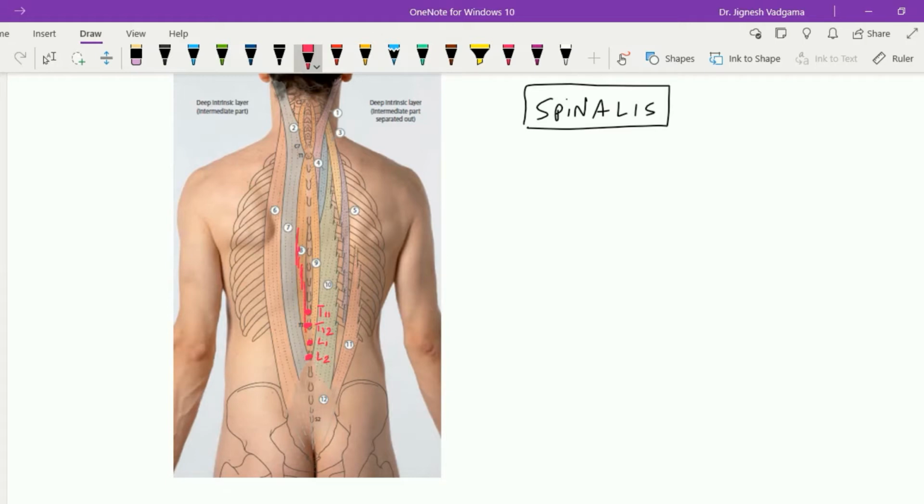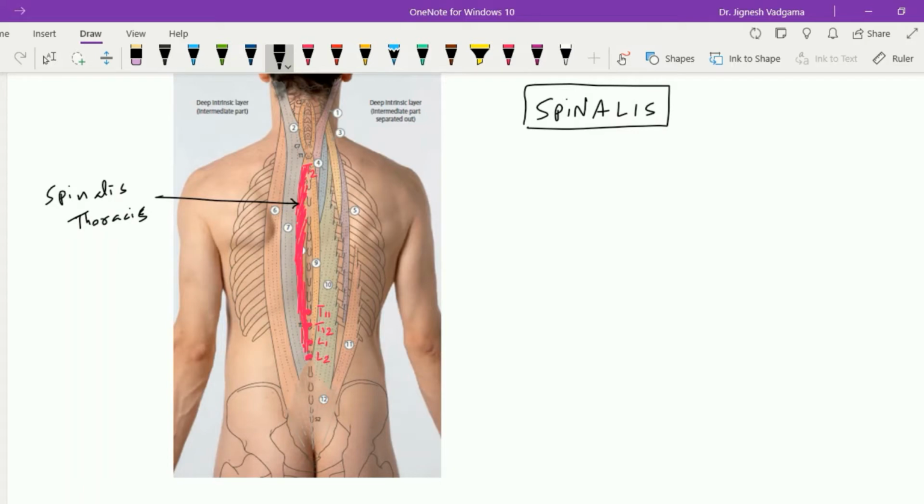These fibers get their origin from the spinous processes of the lower two thoracic and the upper two lumbar vertebrae. The spinalis thoracis muscle fibers pass upward and insert into the upper thoracic spines. So this group of muscle is the spinalis thoracis muscle.